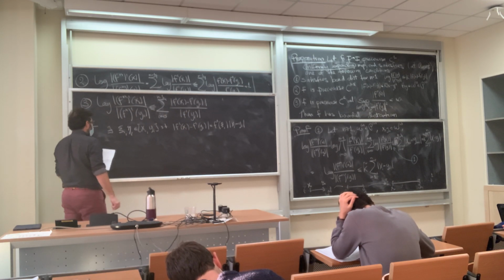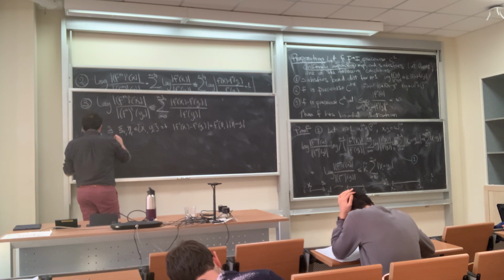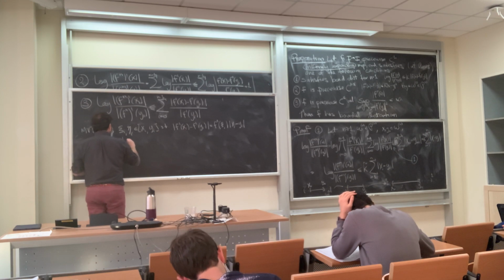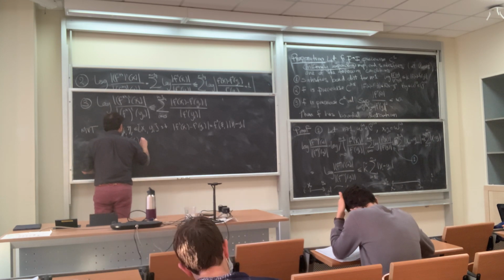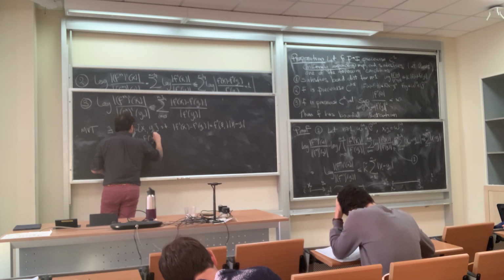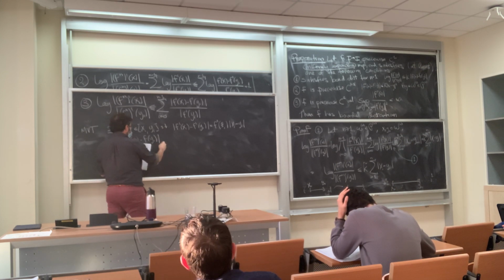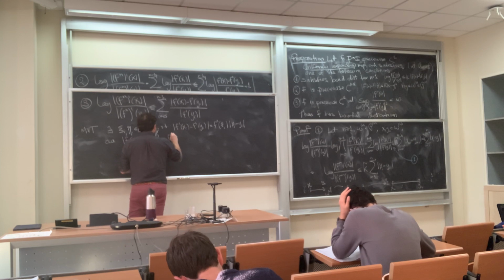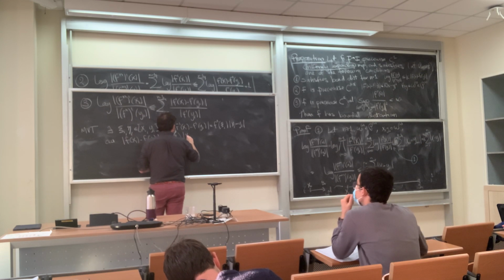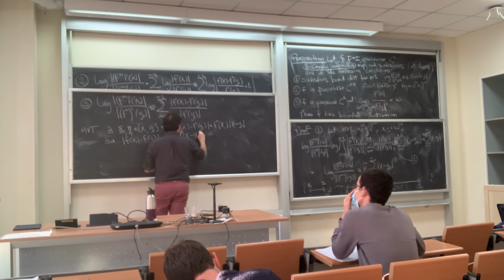And also, by the standard mean value theorem, f of xi minus f of yi is equal to f prime at eta i times xi minus yi.